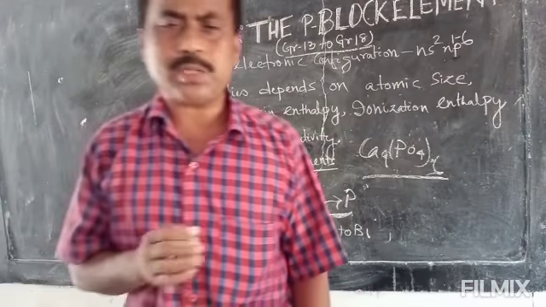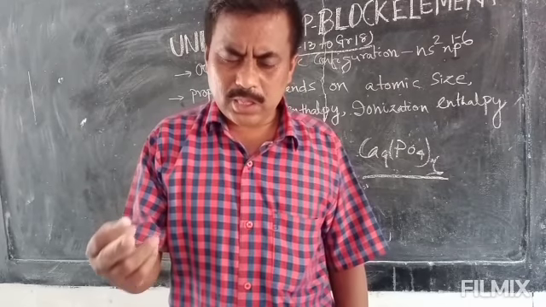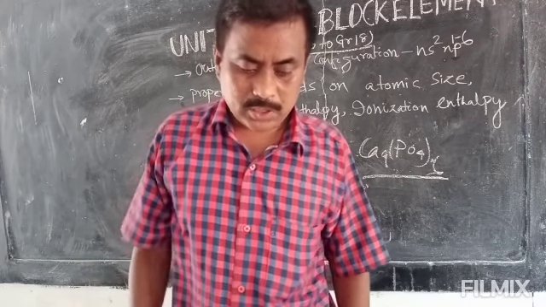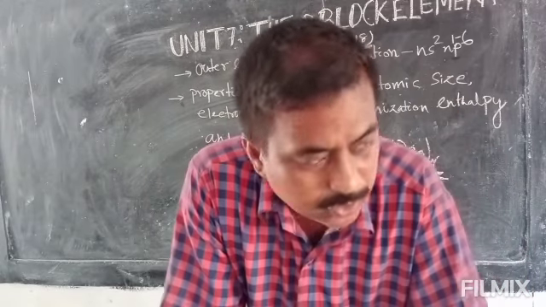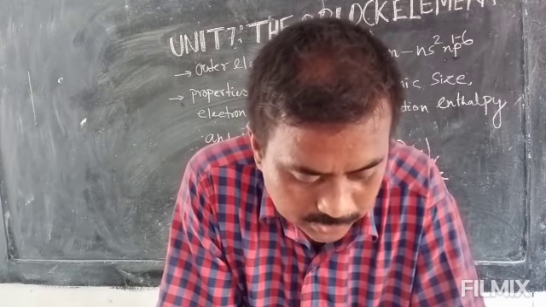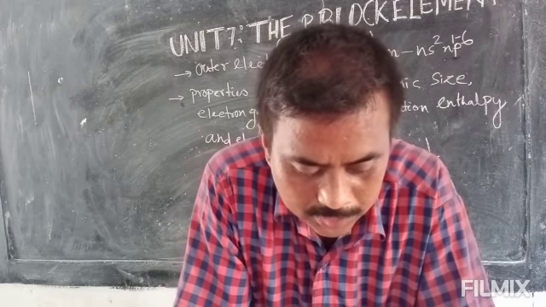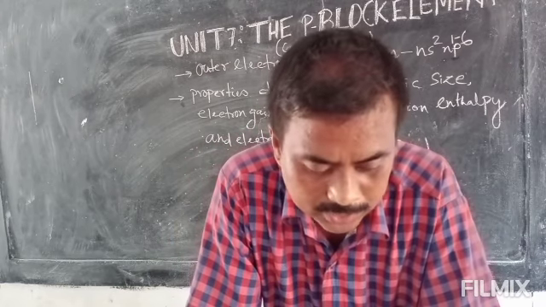Due to the increase of the size, the force of attraction between the nucleus and the outermost electrons gradually decreases, and hence the power of attracting electrons gradually decreases. This is the reason why electronegativity decreases down the group with increase in the atomic size.